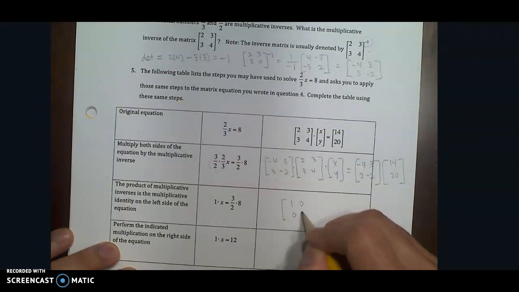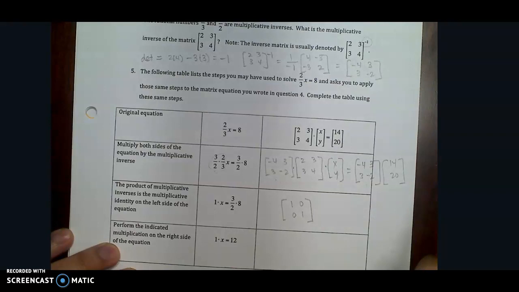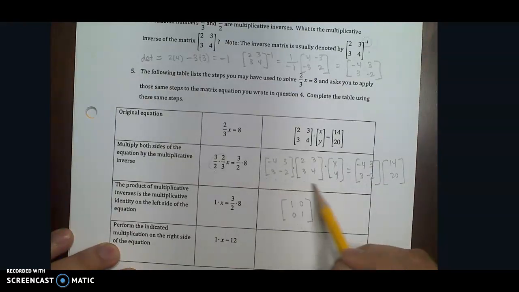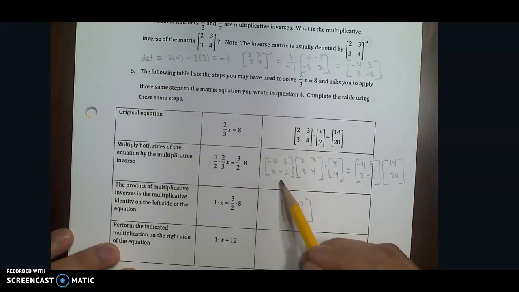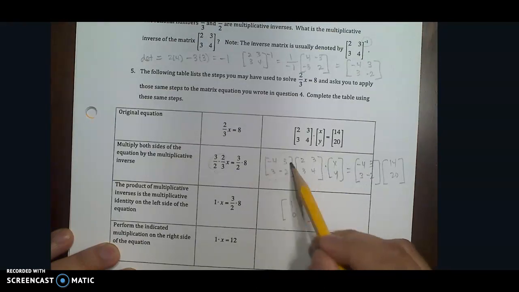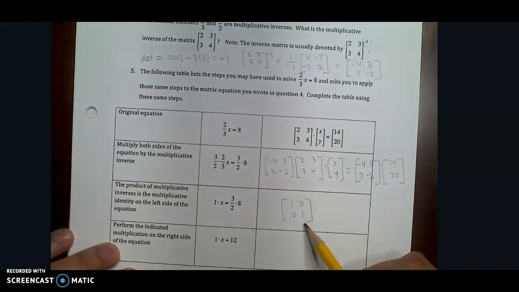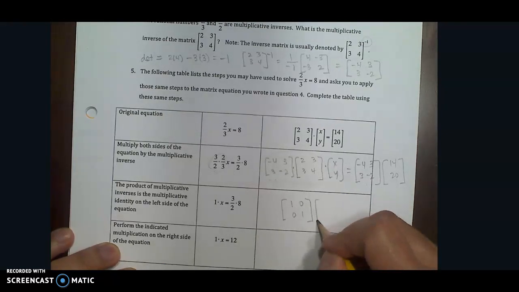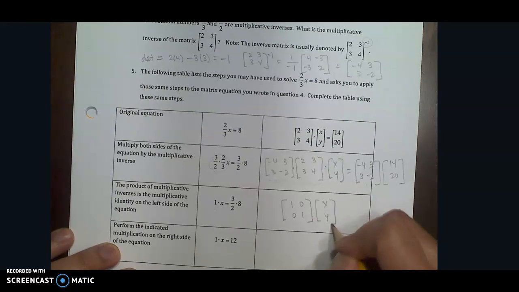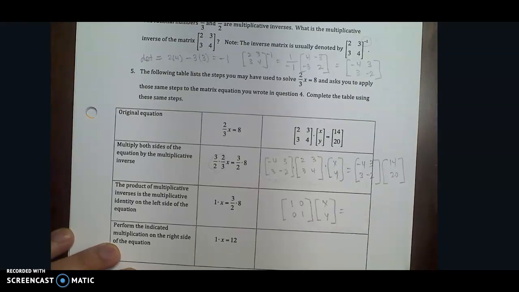Remember that 1, 0, 0, 1 matrix? This comes from multiplying a matrix times its inverse. If you're not sure how we got this, do the matrix multiplication of row times column of these two matrices, and you'll see that you get the 1, 0, 0, 1 matrix. That's the identity matrix. So that turns into that.